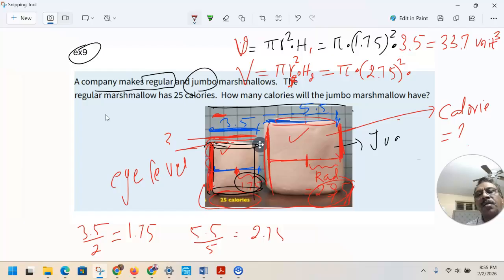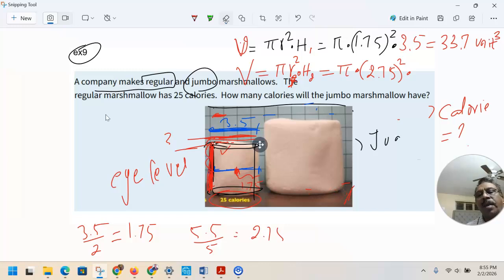Even though it looks like a half, if you see this jumbo marshmallow and keep your eye down, this goes to here. So that part is 1, 2, 3, 4, and 5. So multiply by 5. You do this, you get 118.8 unit cube.